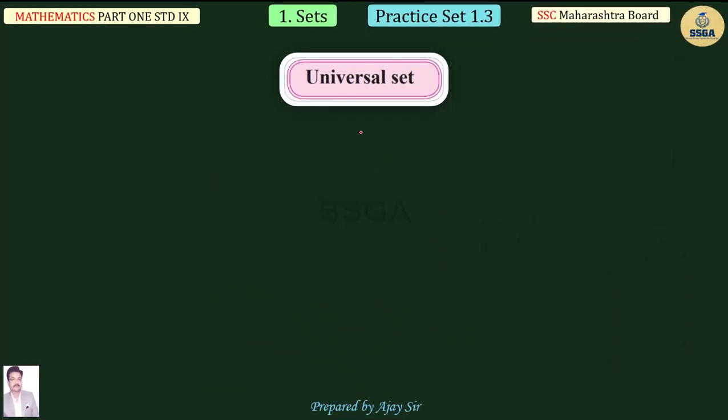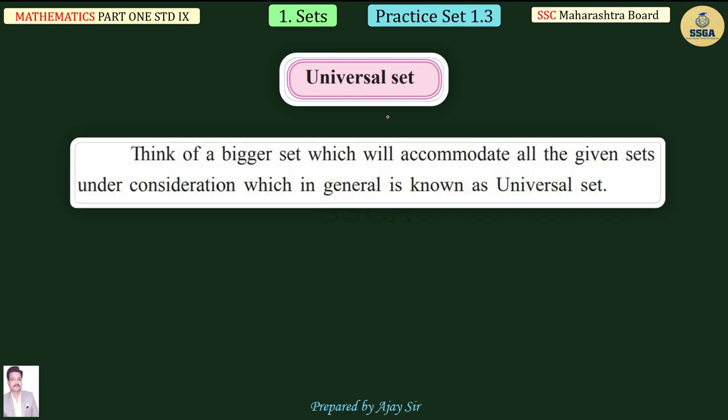Next topic, universal set. Think of a bigger set which will accommodate all the given sets under consideration; it is known as the universal set. Means any set which contains all the sets under consideration, so it's called a bigger set, or universal set.